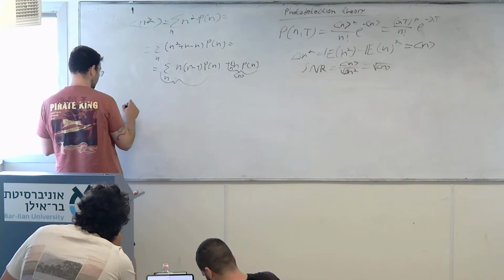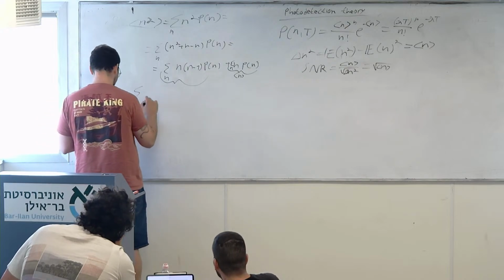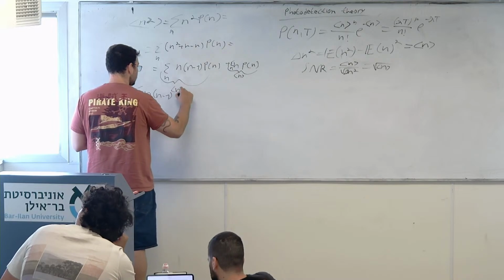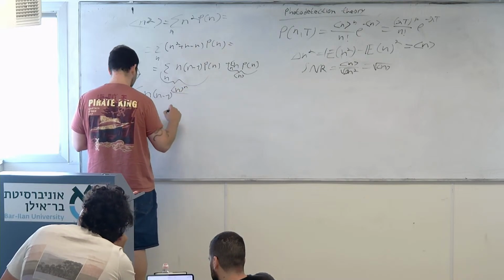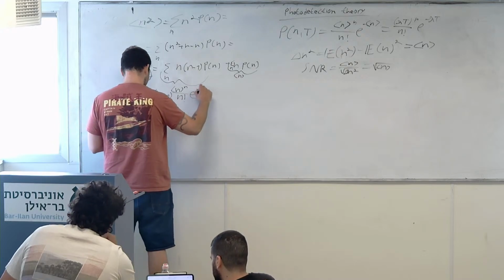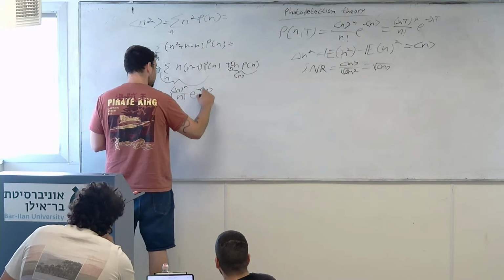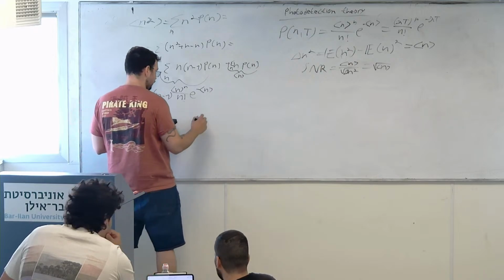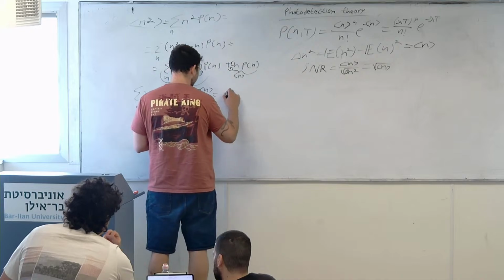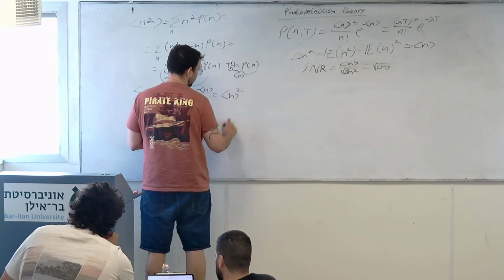This part would be, if we open it up, sum over n minus 1 over n factorial, or e to the minus average n, expectation value of n, equal to expectation value of n squared.